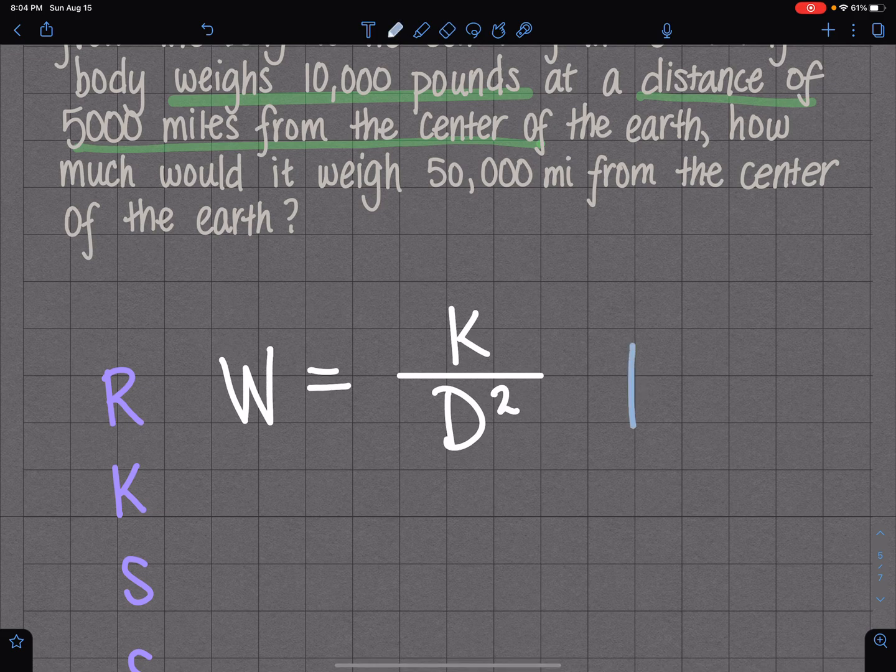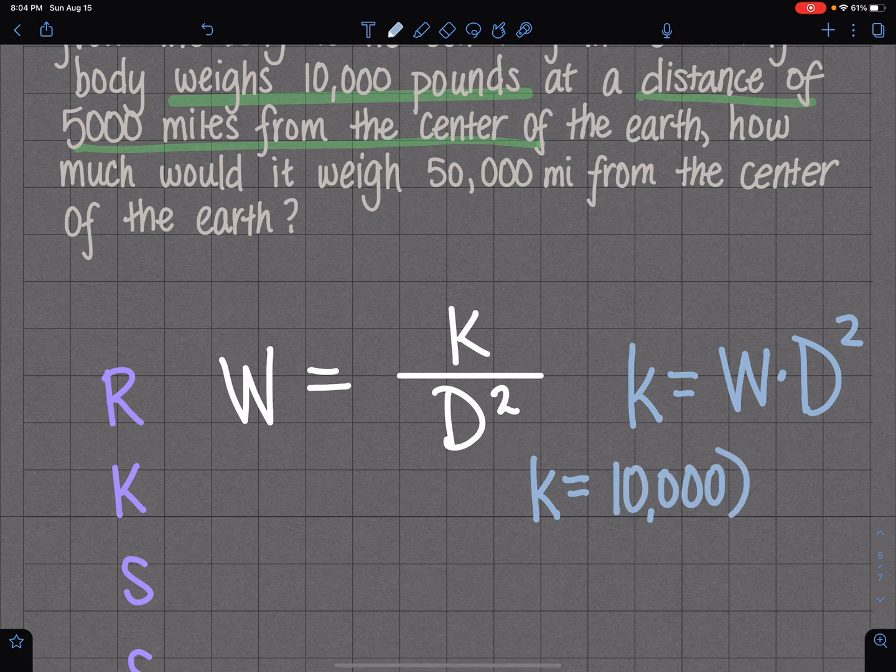So k is equal to weight times d squared. So it's going to be weight, which is 10,000, times d squared, which is 5,000 squared. That is still a humongous number.